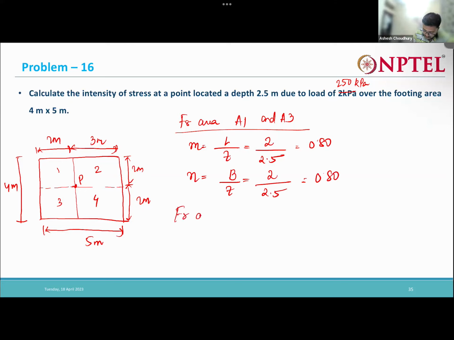Now for areas A2 and A4, M is L by Z, so 3 by 2.5, which is 1.20, and N is B by Z, 2 by 2.5.